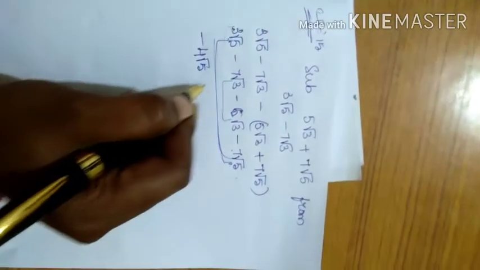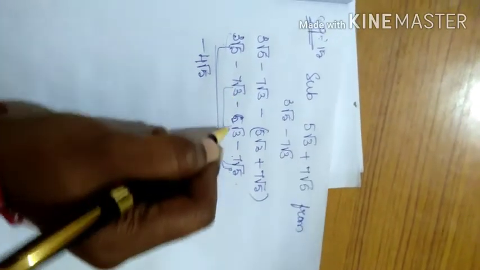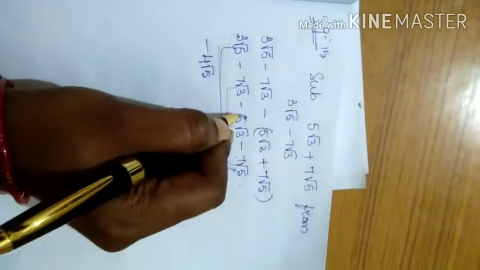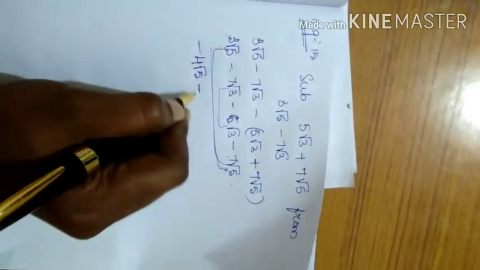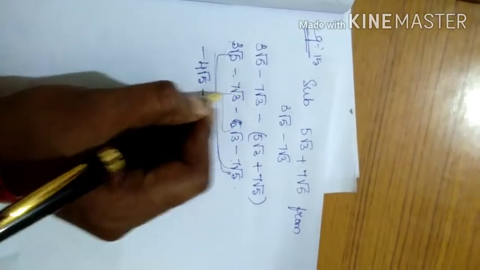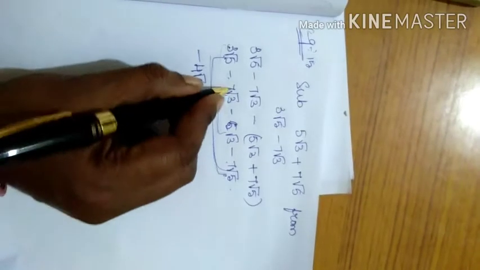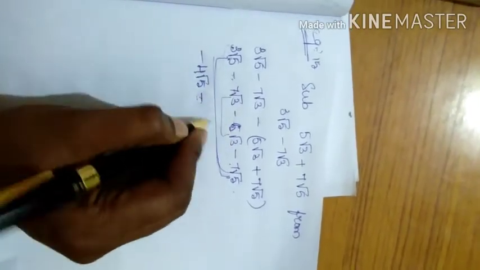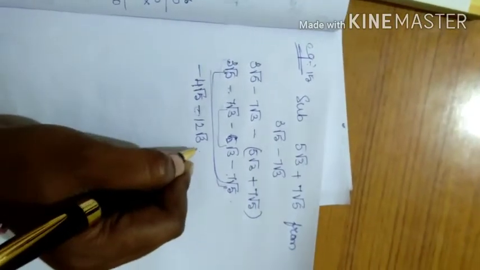Next, minus 7 root 3 and minus 5 root 3: you have to add, and the sign comes as negative because the bigger number has the negative sign. So 7 plus 5 gives minus 12 root 3. Clear? This is your answer.